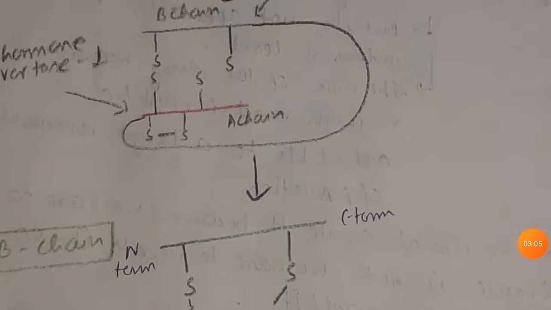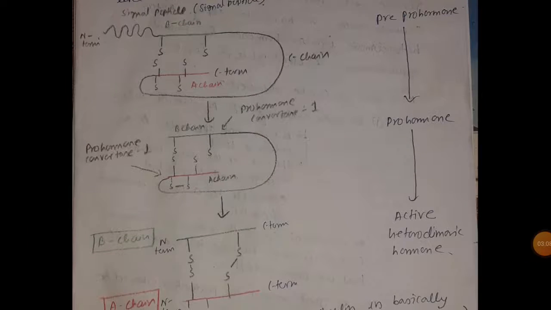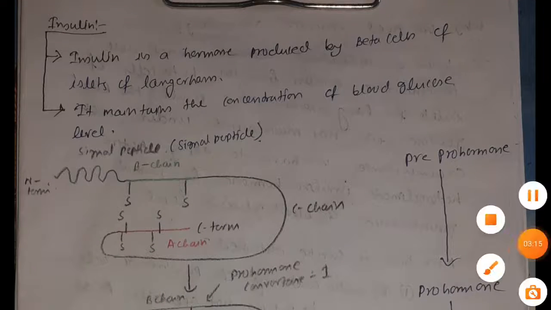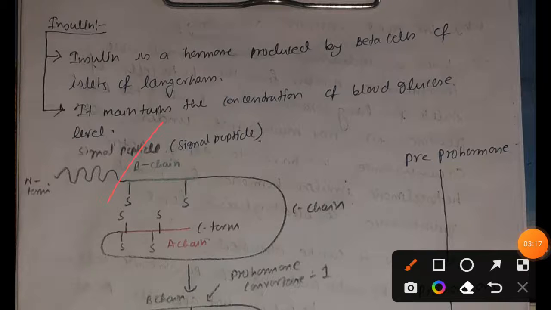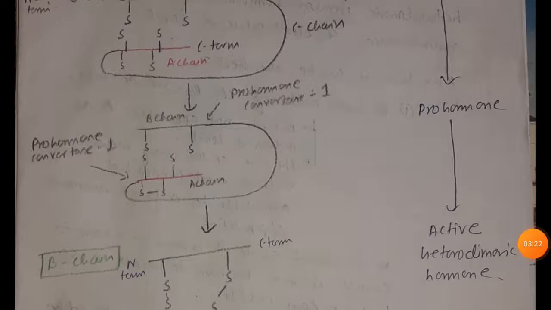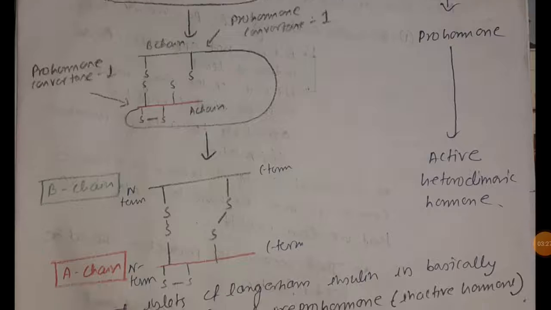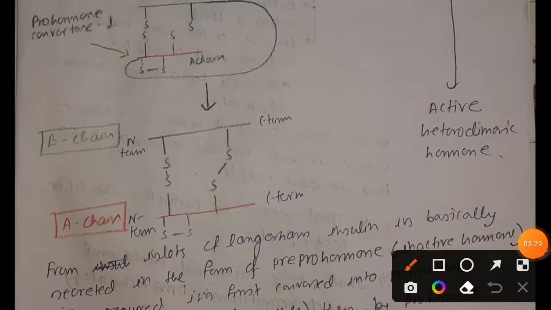If we recapitulate the molecular mechanism of the conversion of pre-prohormone into active heterodimeric insulin: first, the signal peptide is removed from the N terminus. Then with the help of prohormone convertase 1, the C chain is removed, and as a result we end up with an active heterodimeric hormone that consists of a B chain and an A chain joined together by disulfide bonds. That is what we call the active heterodimeric hormone.